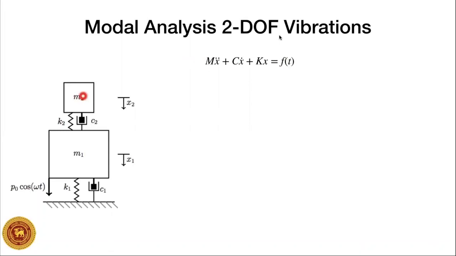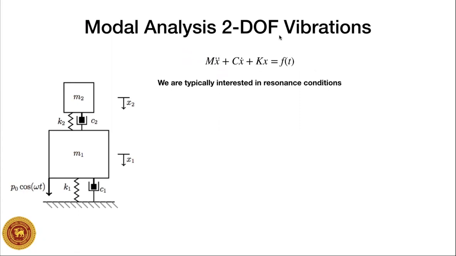Since this is a 2 degrees of freedom system, M will be a 2 by 2 matrix, C will be a 2 by 2 matrix, K will be a 2 by 2 matrix, and X will be a 2 by 1 matrix with elements X1 and X2 as its first and second elements. And F is the 2 by 1 matrix where F1 will be this force and F2 will be 0, since there is no force acting on this. So this is a matrix differential equation. If you have many degrees of freedom, you will have a similar equation, but these dimensions will change appropriately.